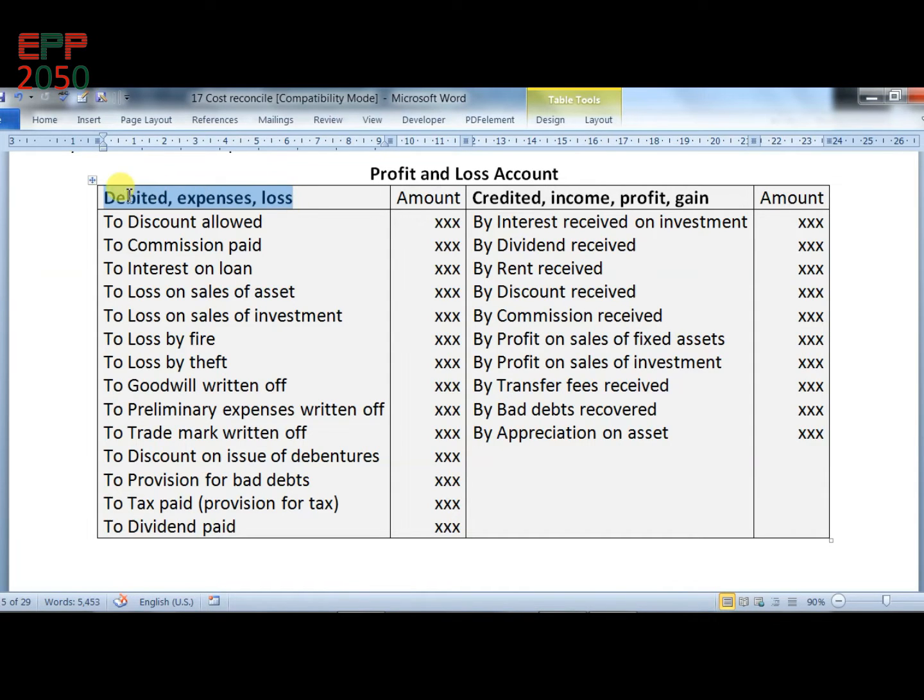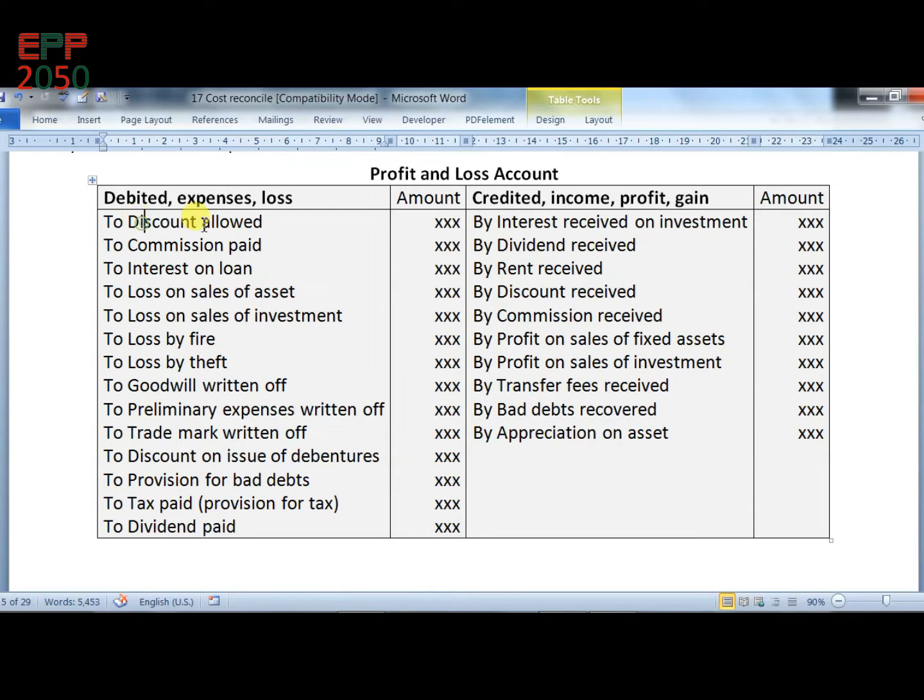These words you will find according to the financial account. Debited means recorded in debit side. Expenses means recorded in debit side. Loss means recorded in debit side. First of all, try to understand these transactions are only recorded in financial account. That means if you find this transaction in a question, you should write down only recorded in financial account.